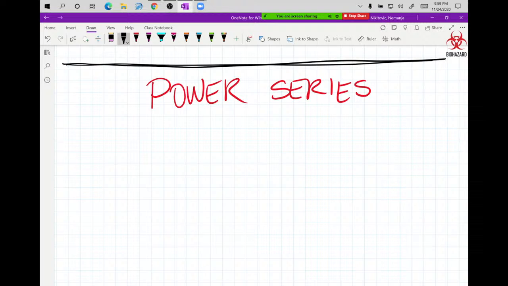Now, let's see what the power series are. So you learned in calculus 2, I believe it was chapter 11, that functions can be represented as the power series, right, infinite power series of Cn coefficients, right, of some kind, and then you have some power x to the n.